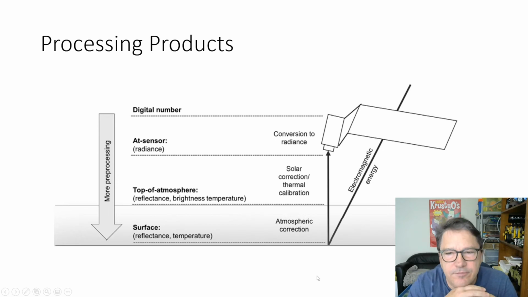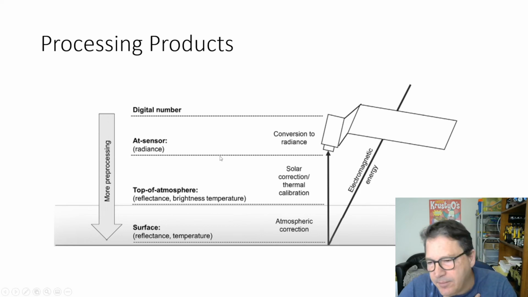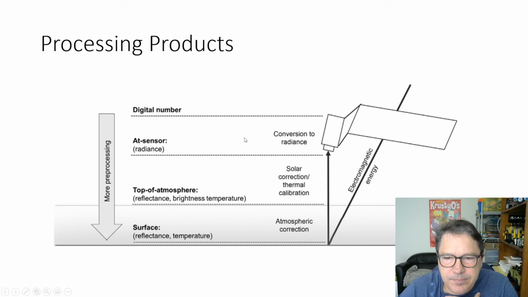So just looking at that visually, again, I've borrowed this from that paper. You have your instrument here measuring electromagnetic energy. And this is our inverse processing scale here. So the further down we go, the more processing we have to do. At the top we have our digital numbers, which you get delivered in level 1. Then we can convert that using a simple linear transform to radiance.